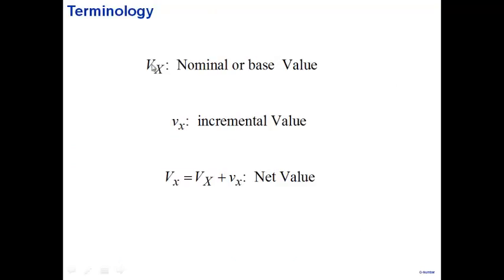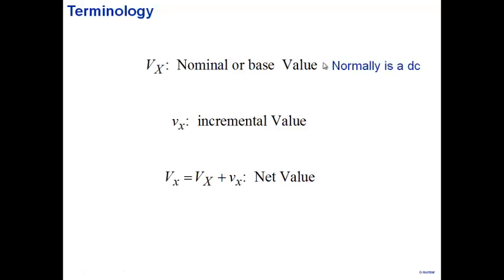Now when we analyze a circuit, when I use a capital V and a capital X, it refers to the nominal or the base value, often a DC. Small v, small x refers to an incremental value. If you're interested in the absolute value, it would be made up of some base value plus the incremental value.